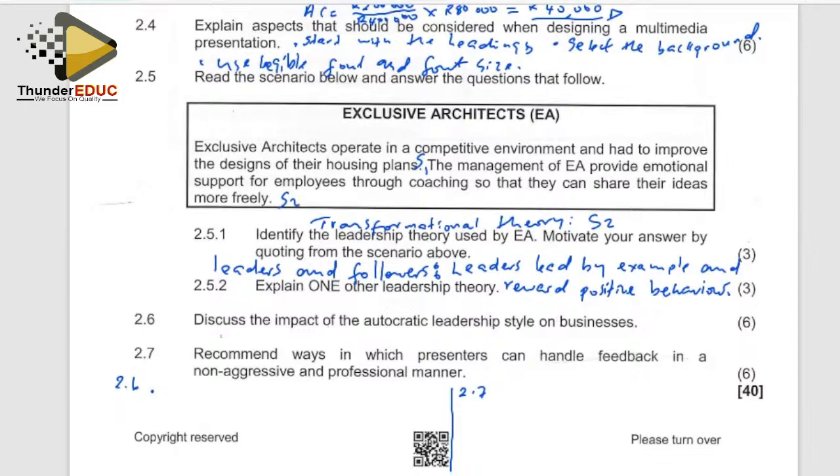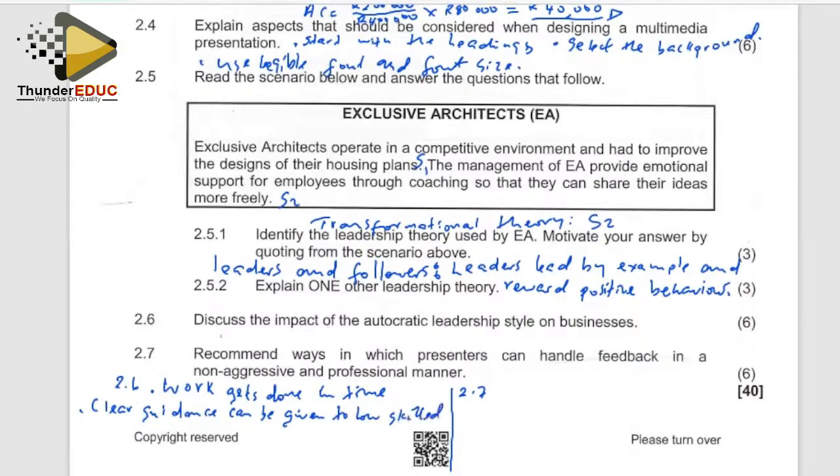Okay, right. So now you're saying work gets done in time. Then also you're saying that clear guidance can be given to low-skilled staff members.